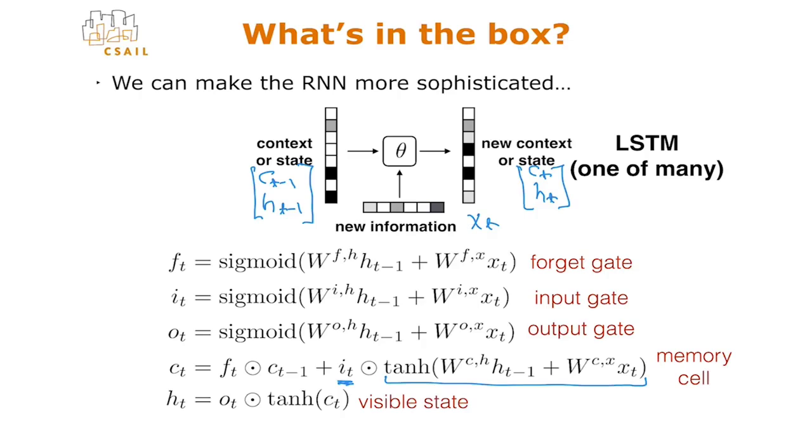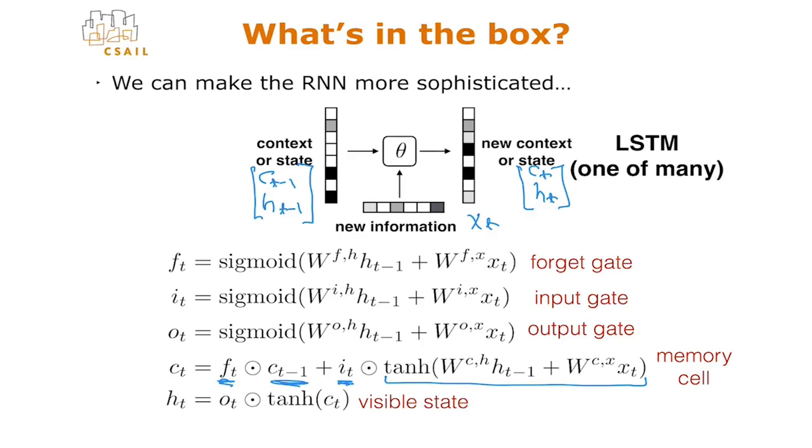We also have a forget gate that controls from the previous memory cell which of the coordinates we should erase information from. So when the forget gate has value 0, for one coordinate, we will completely erase the information that that coordinate had in the previous memory cell. So the memory cell update is helpful to retain information over longer sequences.